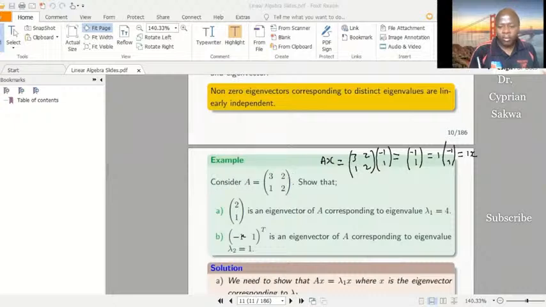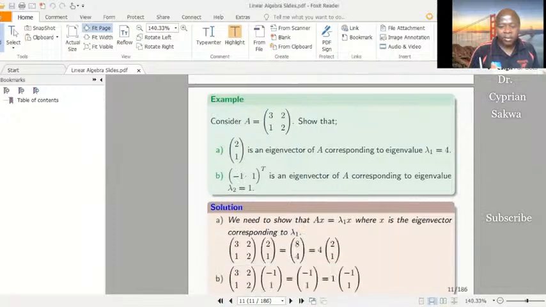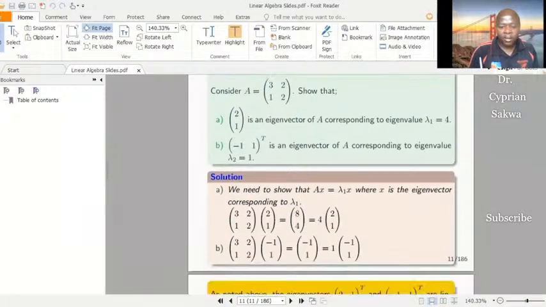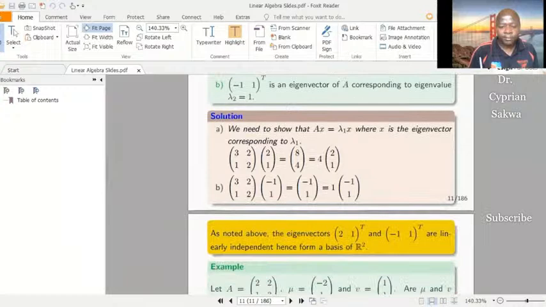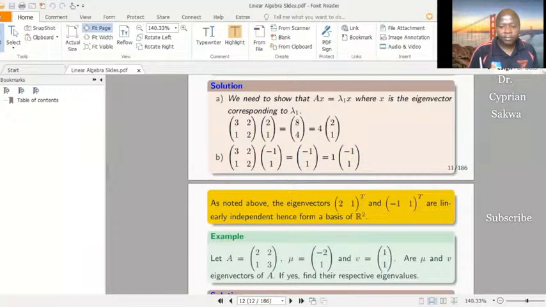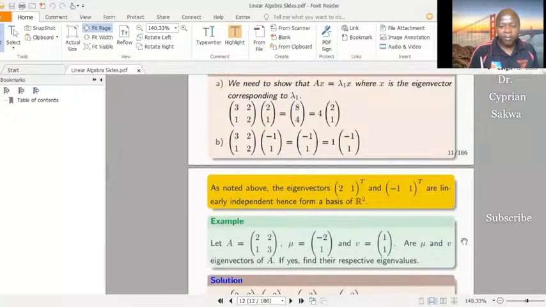I want to show you my earlier working for the sake of those who are writing notes, and here it is. I've just explained the use of the transpose, that we can use the transpose if we do not want to write in column form. Like the earlier one, the vector was (2, 1).